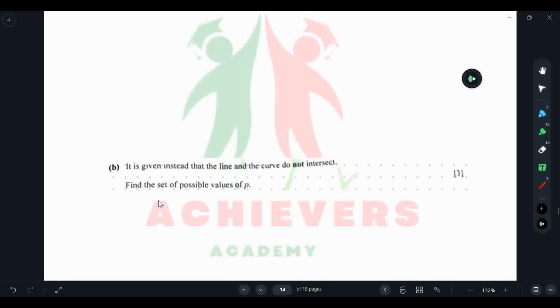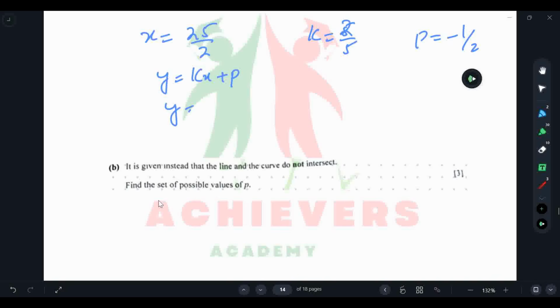X will be equal to 25 by 2. And when x is 25 by 2, we know that k is equal to 2 by 5. So y is equal to kx plus p, and the value of p was minus 1 by 2. Y is equal to k, which is 2 by 5, times x, which is 25 by 2, minus 1 by 2.